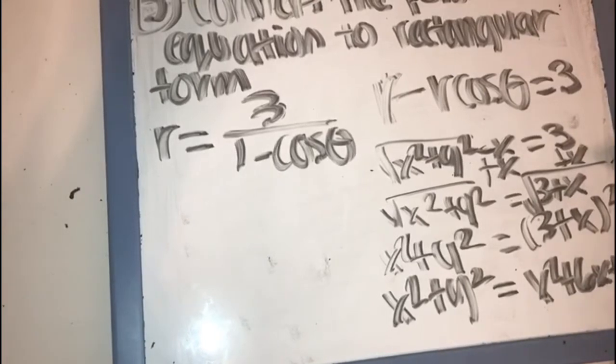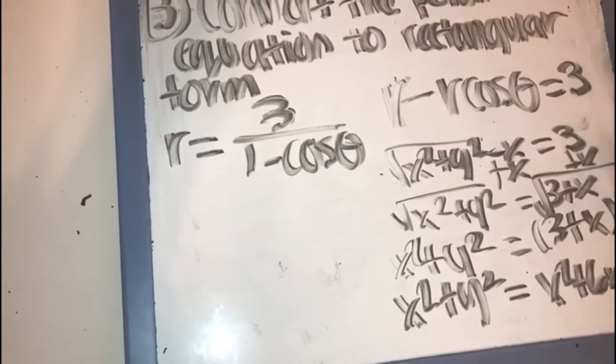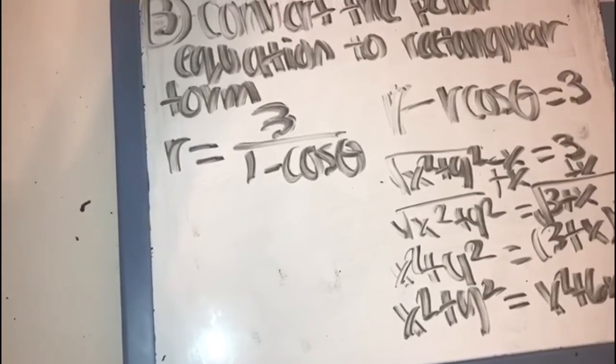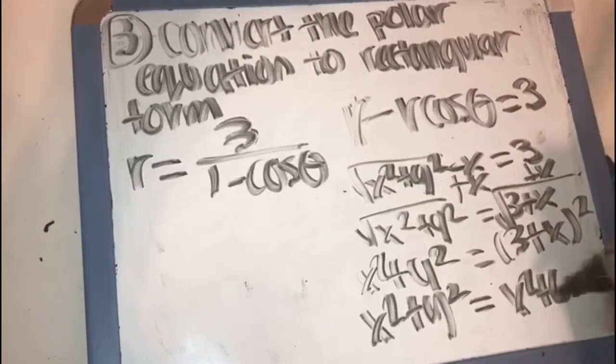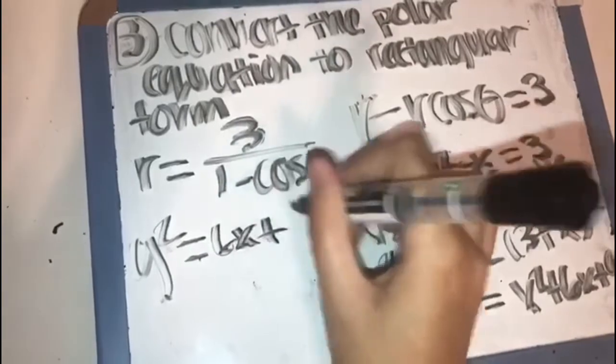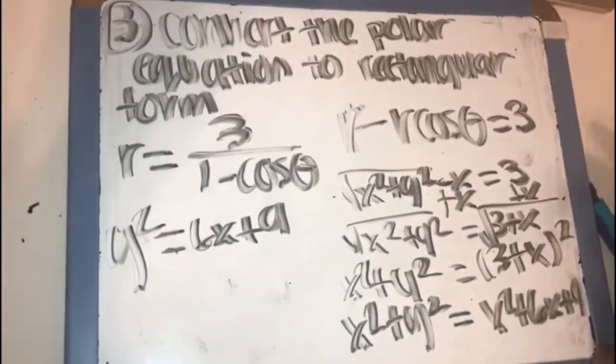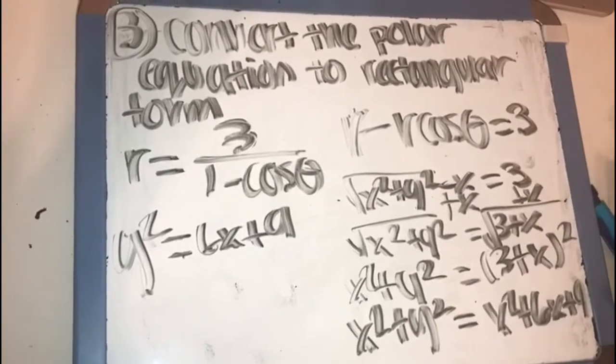Then we simplify again and think about what we would change it to, a y squared form, which is basically y squared or y equals something in rectangular form. So in this form, it would be y squared equals 6x plus 9 when we cross out x squared. And yeah, this is how you solve this problem.